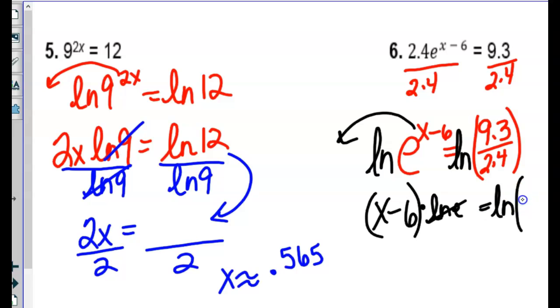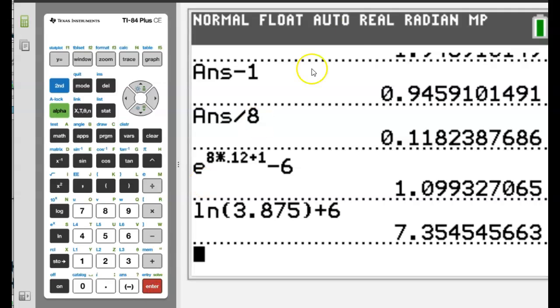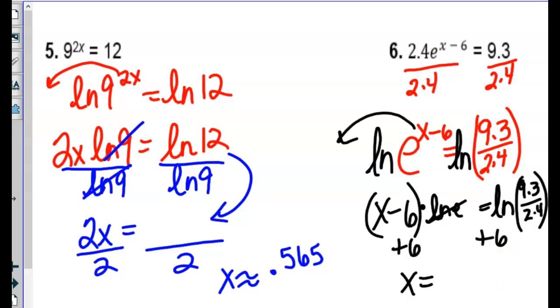And over here, whatever that mess was, after I get it on my calculator, I'm going to add 6. It was 7.355, maybe, if I round.